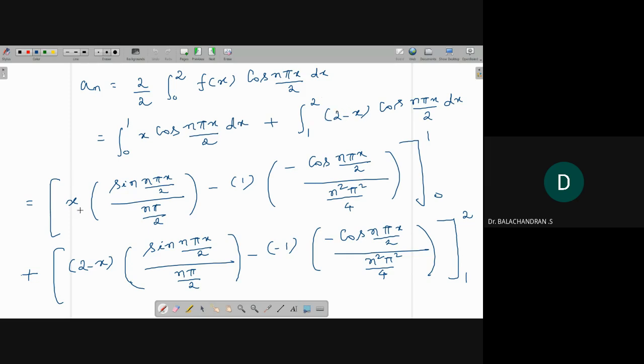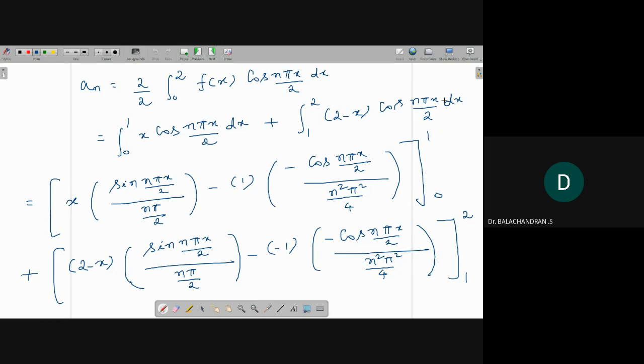So now integration by parts. Keep x. If you integrate cos n pi x by 2, you get sin n pi x by 2 divided by n pi by 2, minus, if you differentiate x, you get 1. If you integrate this function, minus cos of n pi x by 2 divided by n square pi square by 4, limit is from 0 to 1.